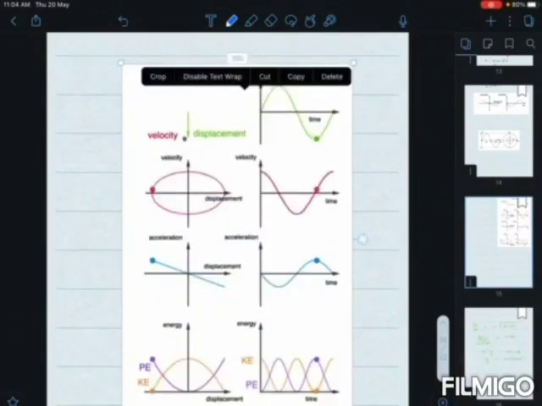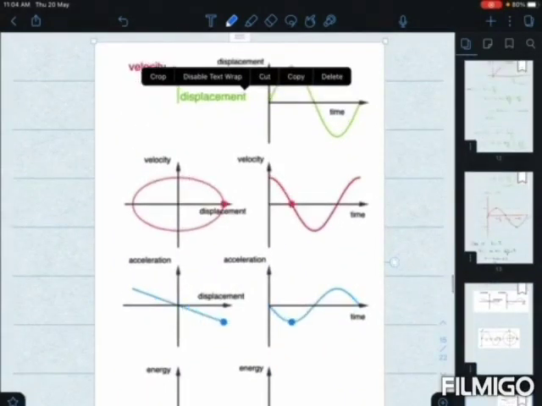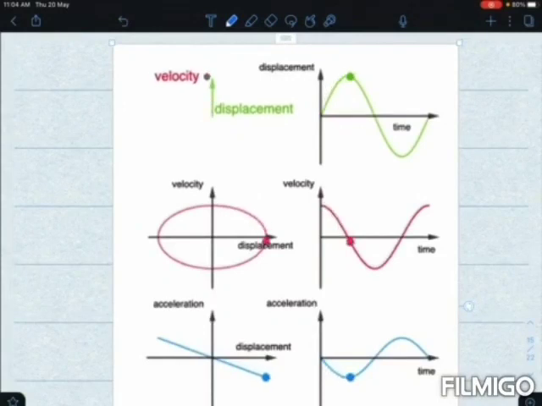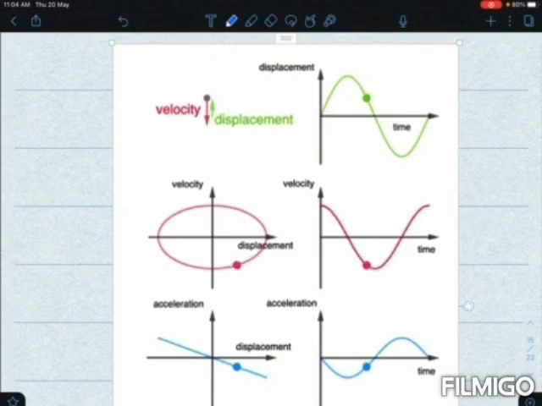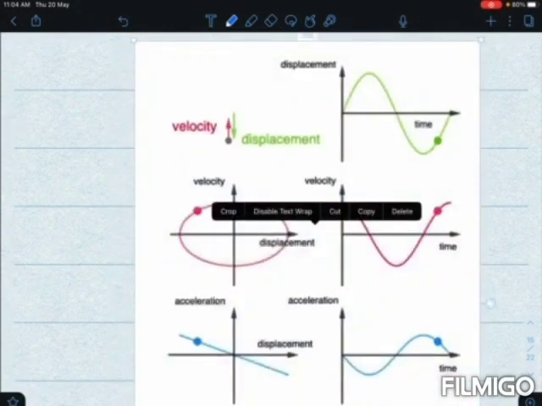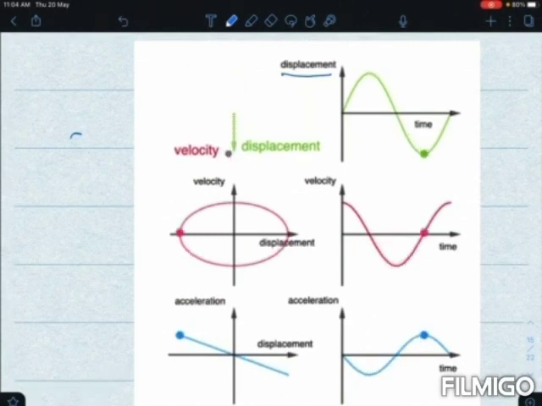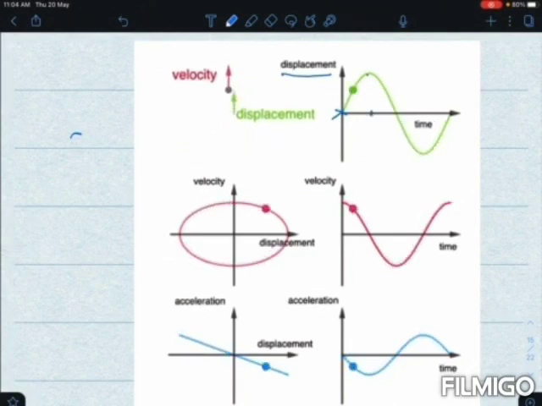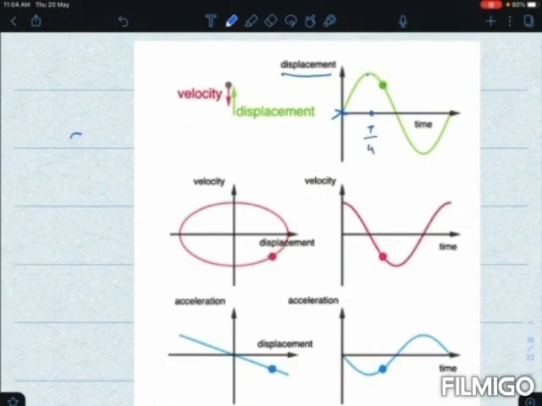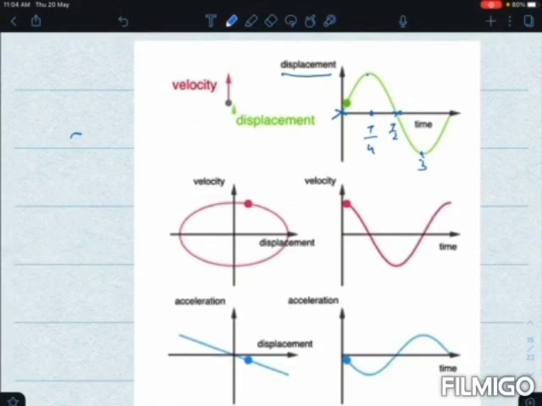So you can see here the displacement first. Just look at the displacement. You can see that it is a sine curve starting from 0, popping up at t by 4, then t by 2, then 3t by 4, and this is the whole time period.